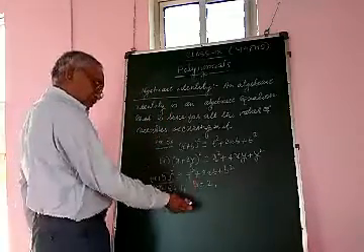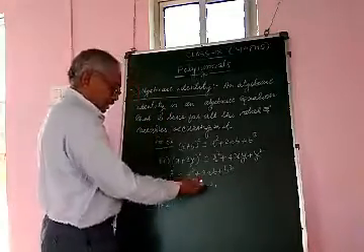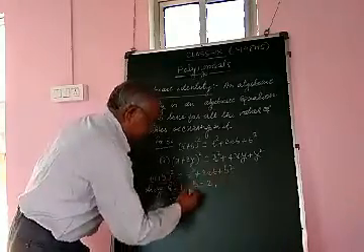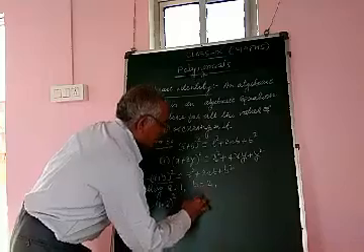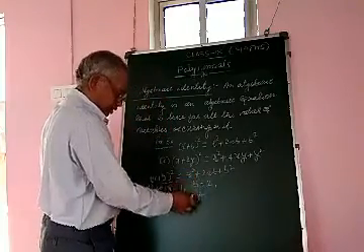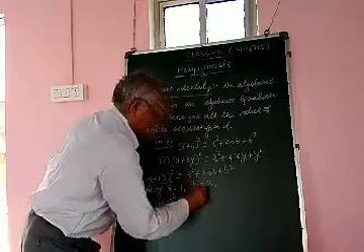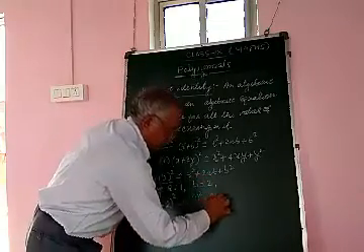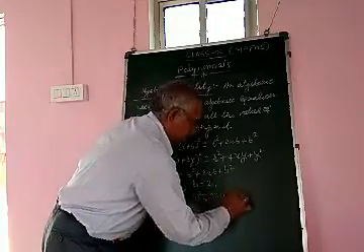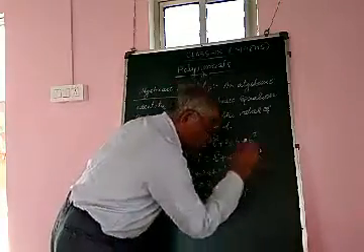Now the same values of a and b we put in the RHS. So this is 1 square plus 2 into 1 into 2 plus 2 whole square.